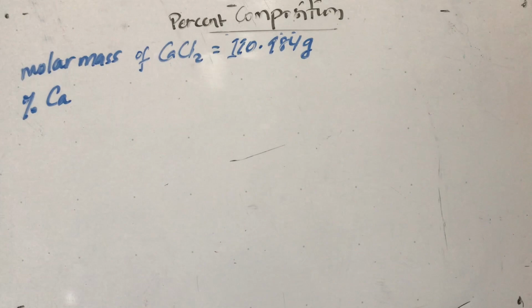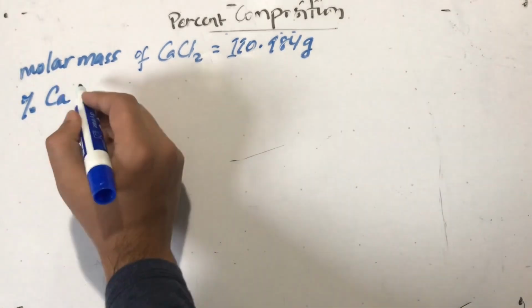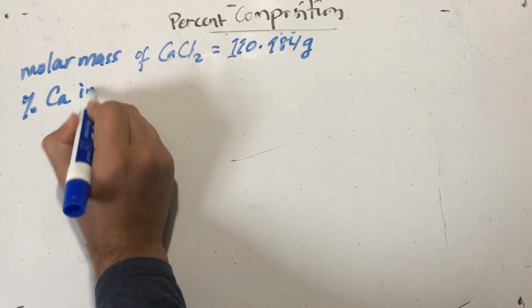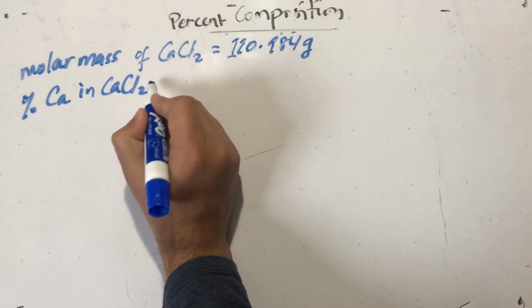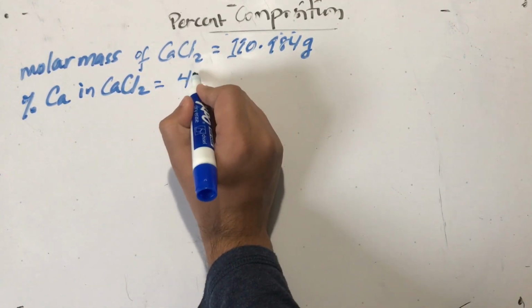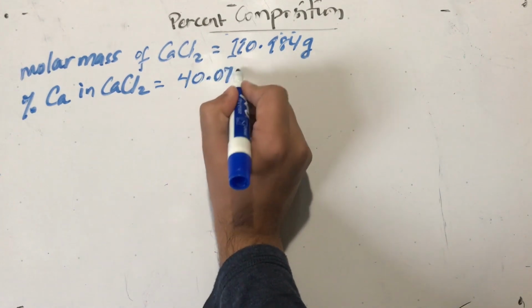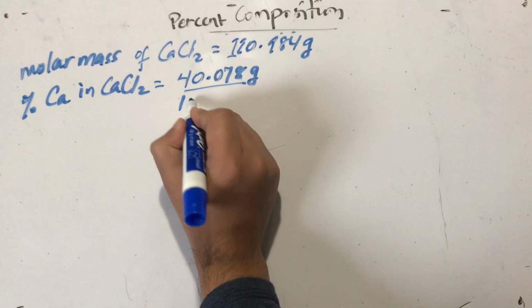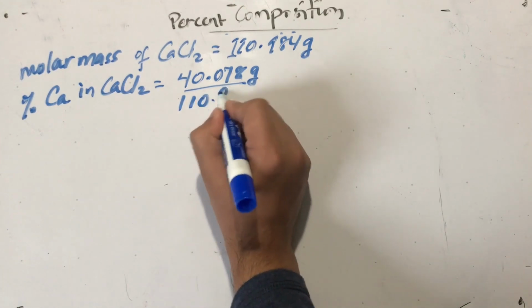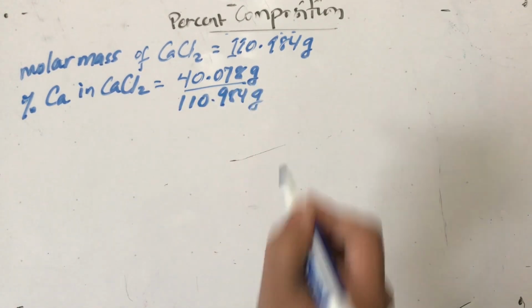Next, we set up the percent contribution of calcium in calcium chloride, which is 40.078 grams divided by 110.984 grams.